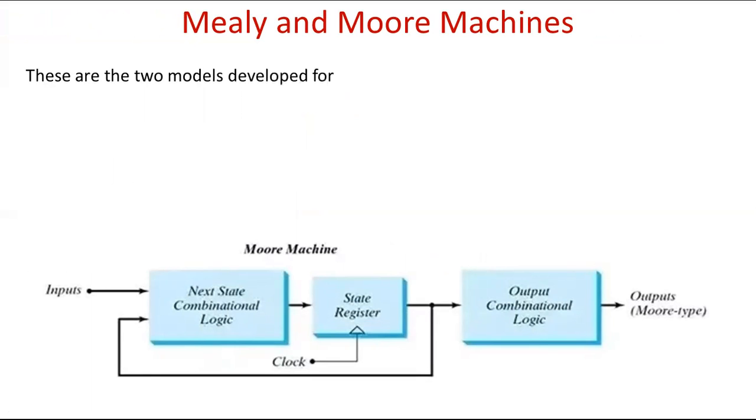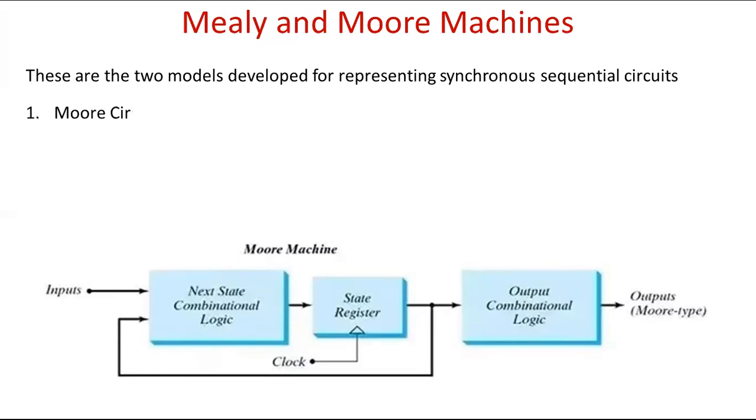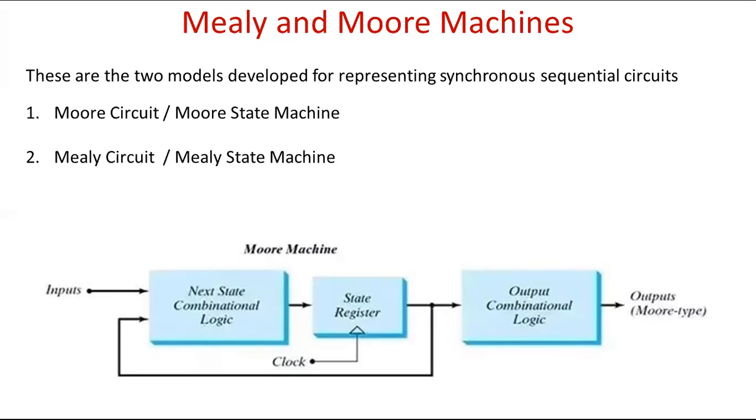So the first one is the Moore circuit or the Moore state machine, and the second one is the Mealy circuit or Mealy state machine. Now let us see what the two models are and how they are different from each other. They differ only in the way in which the output is generated.